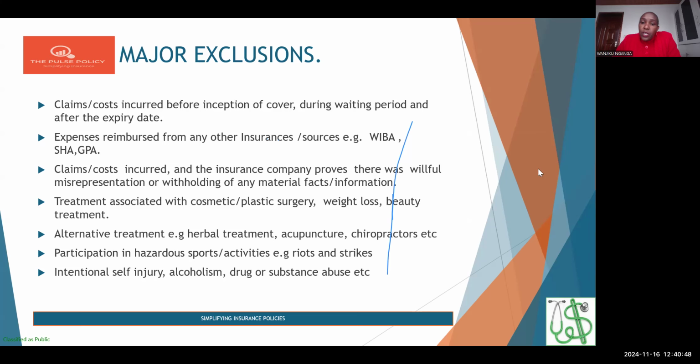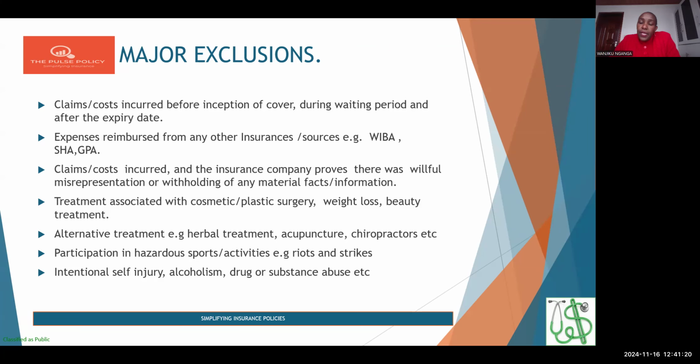Claims incurred, where the insurance company can prove that when you were filling in your proposal form, you willfully did a misrepresentation or you withheld material facts or information that pertain to your medical condition. So if you withhold any information when you're filling in the proposal form, we call that withholding of material facts or information, or willful misrepresentation.